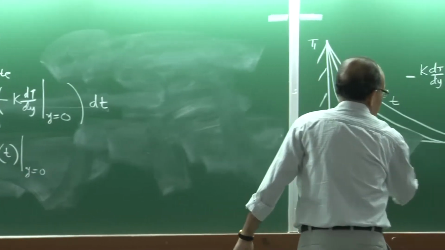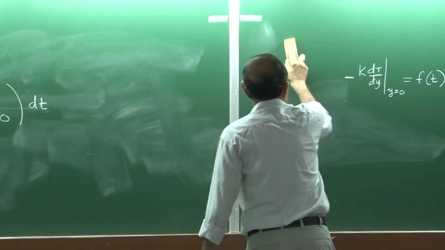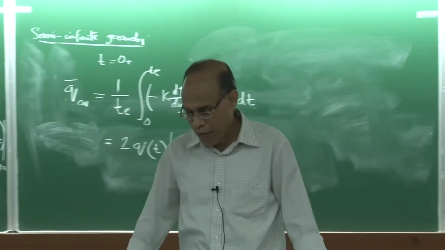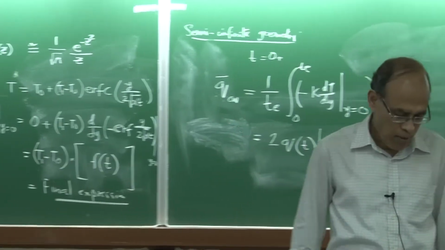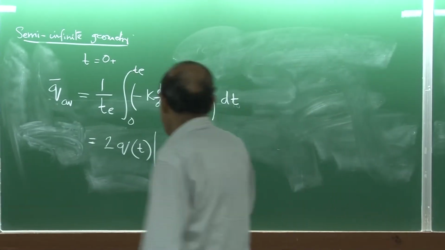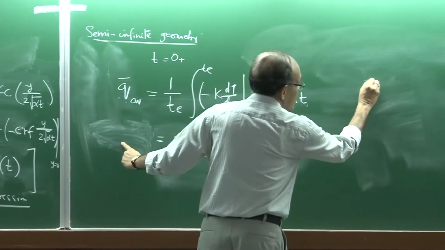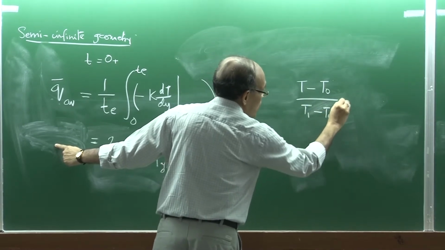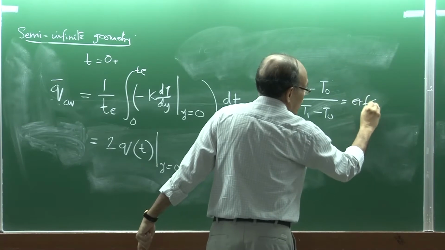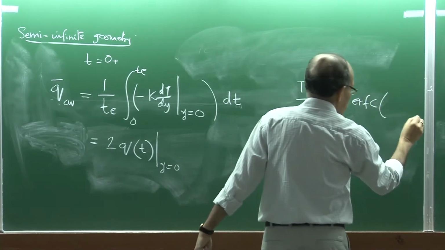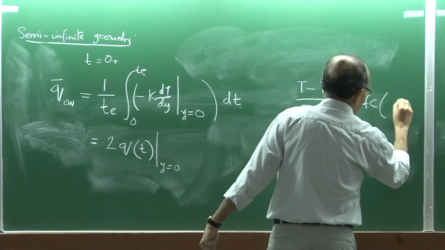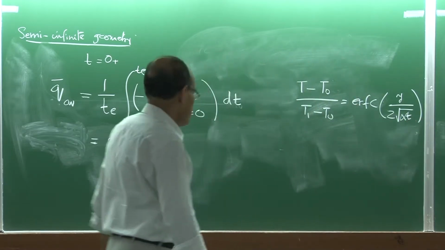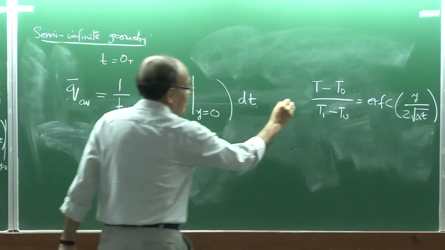So, for any semi-infinite geometry, we should be able to find out what the temperature is, and the way I have written here, if you remember, is (T minus T0) by (T1 minus T0) equal to the complementary error function of y divided by 2 root alpha t.